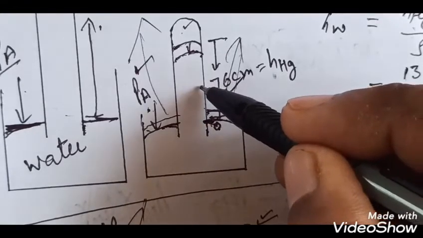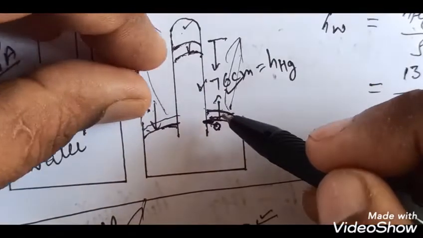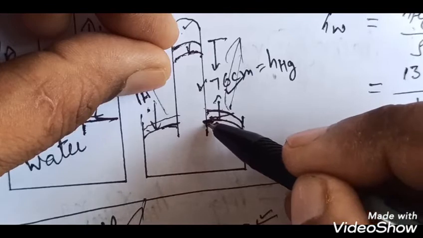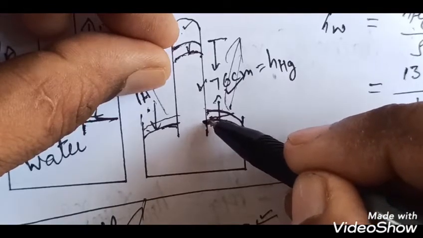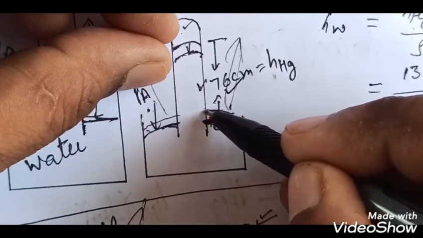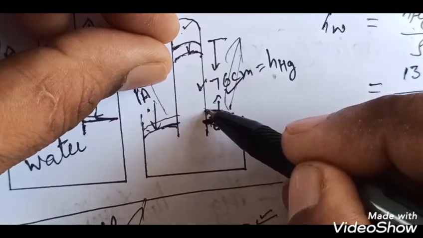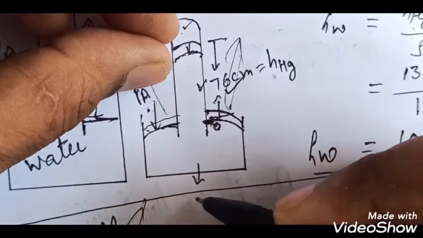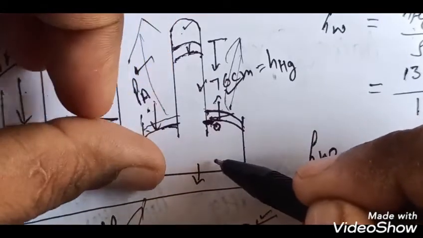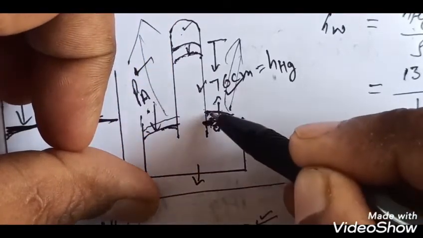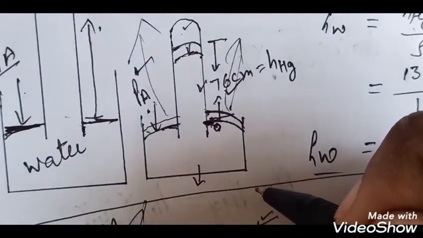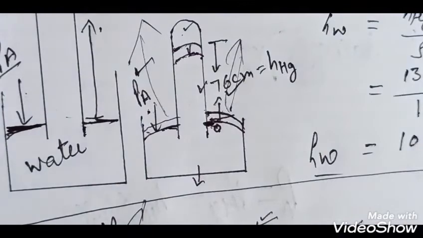So then how can we match it? Either you take this tube a little up, so that this zero of the barometer goes up and matches with the level of mercury. Or you can take the bowl down. When you bring the bowl a little bit down, then the level naturally will come down and match with zero. So you have to do one out of these two activities.